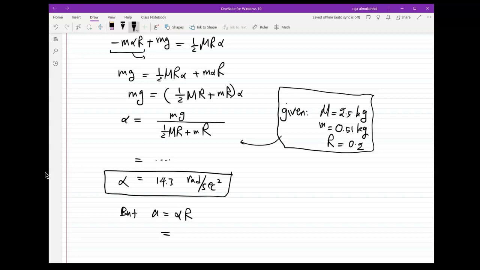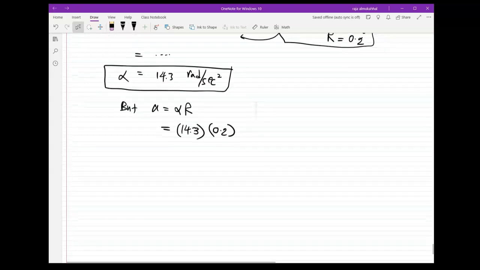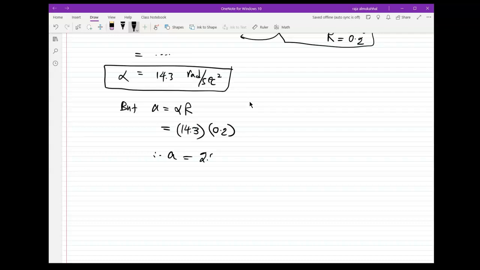That'll be 14.3 times R, which is 0.2. Therefore, A is equal to 2.86 meters per second squared. There we go, I have the acceleration.